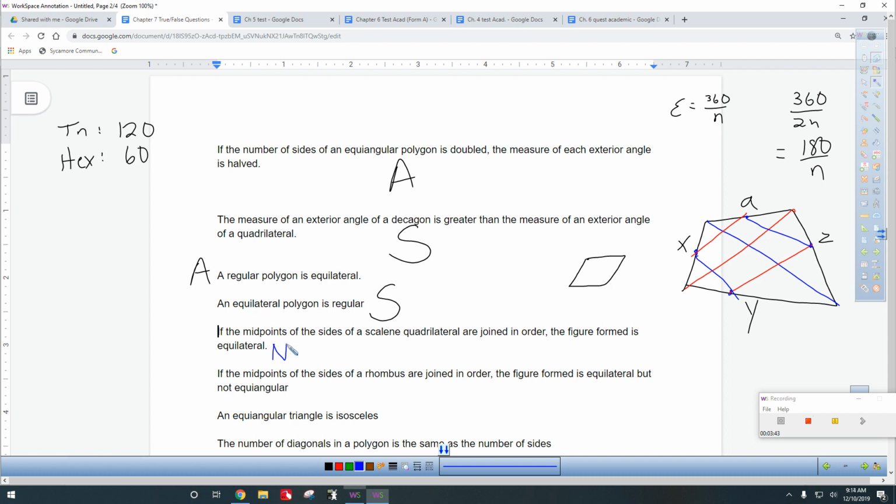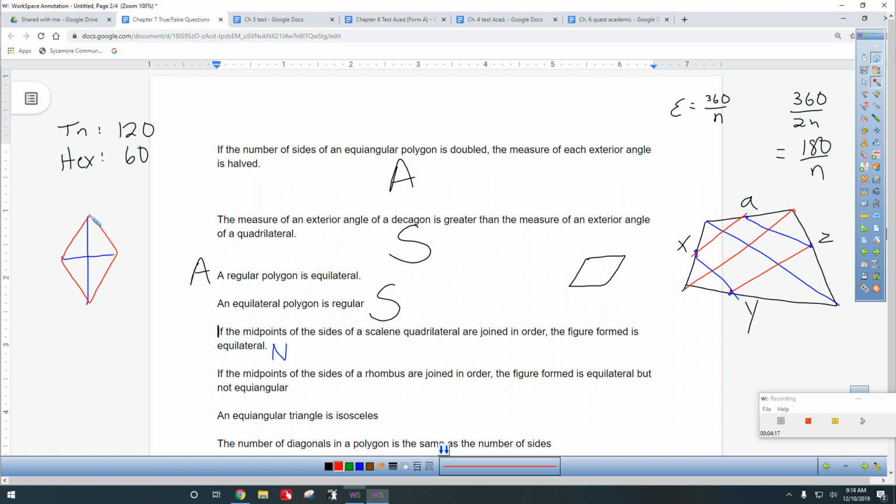If the midpoints of the sides of a rhombus are joined, the figure formed is equilateral, but not equiangular. This is never true. I know that the midpoints of a rhombus form a what? Here, how to draw a rhombus. Start by drawing diagonals that are perpendicular bisectors of each other.